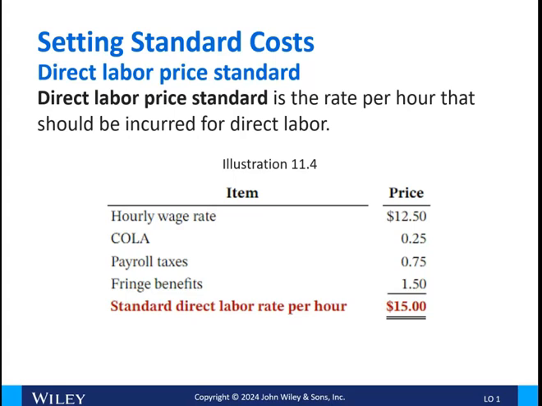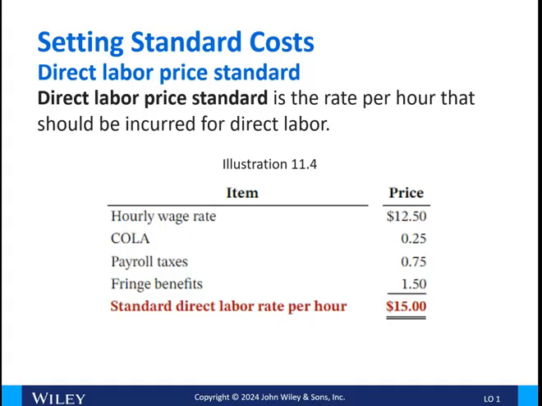Okay, so COLA, cost of living adjustment, 25 cents, payroll taxes that the company is paying, not the payroll taxes that the employee pays, but the employer's part of that. And then fringe benefits, things like healthcare. You might have vacation pay included in there, that type of thing.